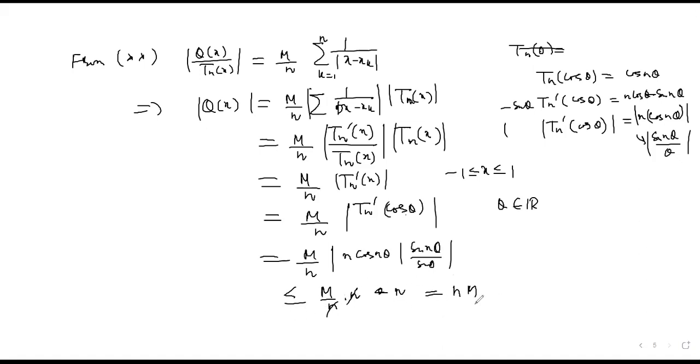So I should write that therefore mod q of x is less than or equal to n times n, and that proves the theorem. So that finishes our Schur's theorem in both the cases.